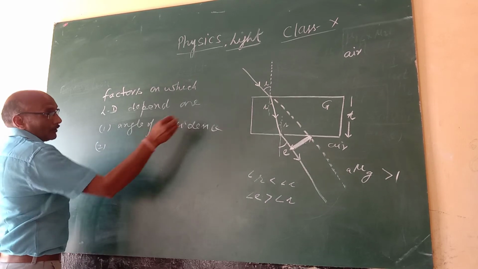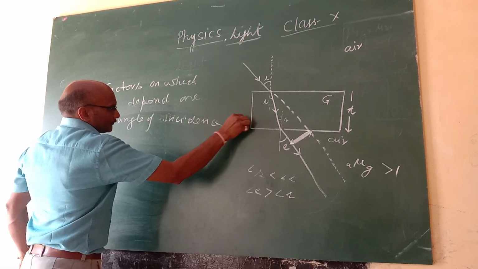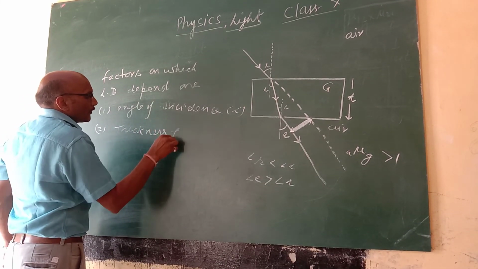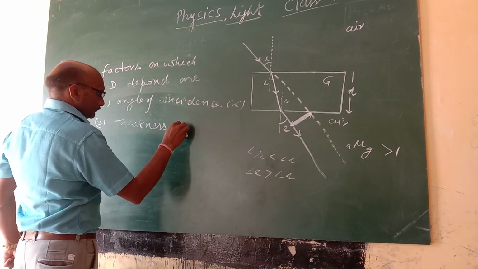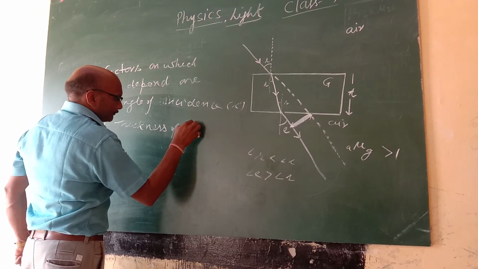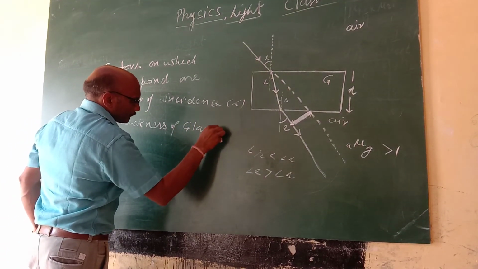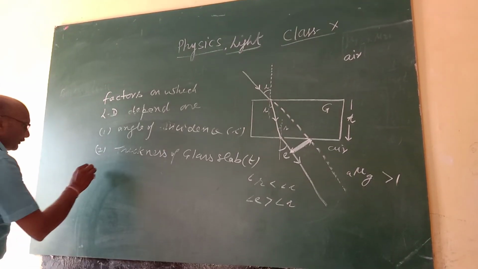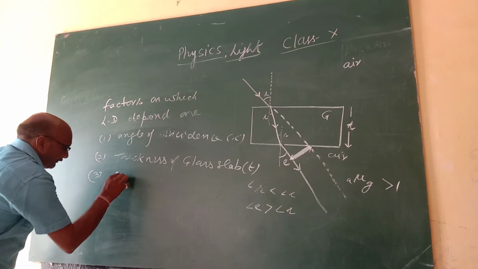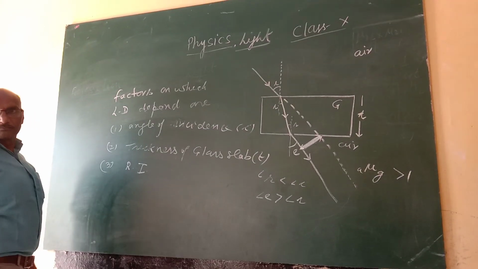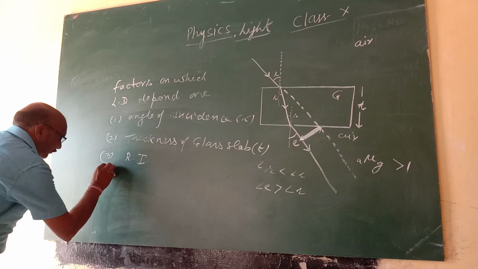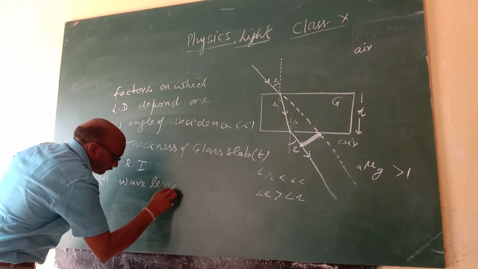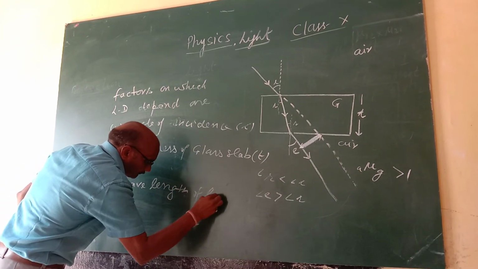Number two, the thickness of the glass, T. Number three, the refractive index of the medium, and number four, the wavelength of light.